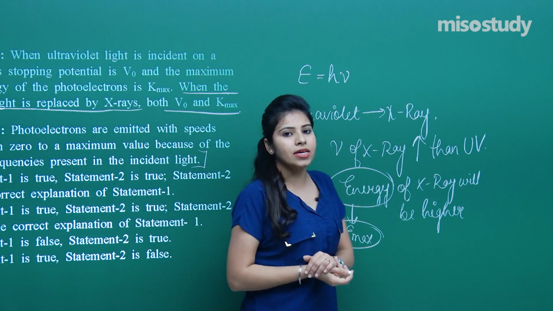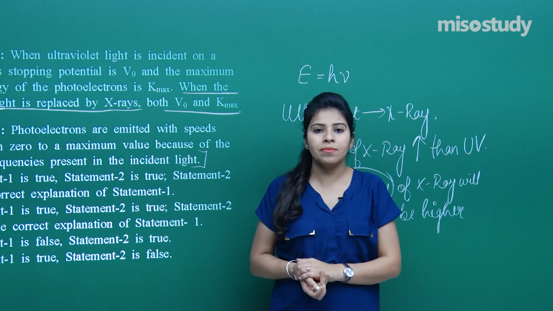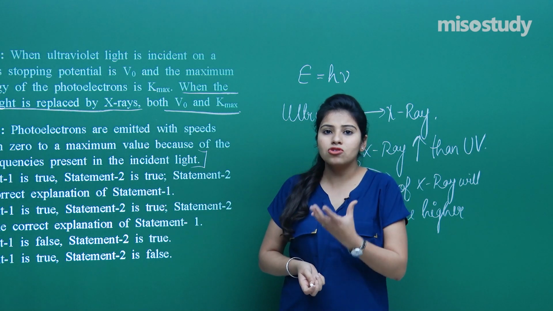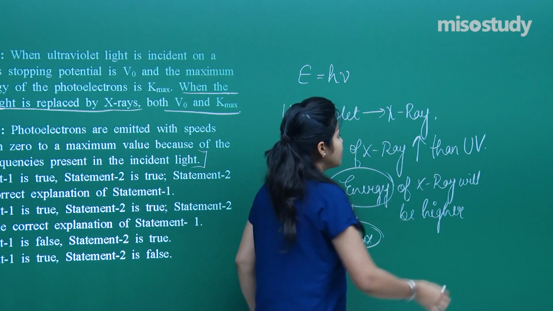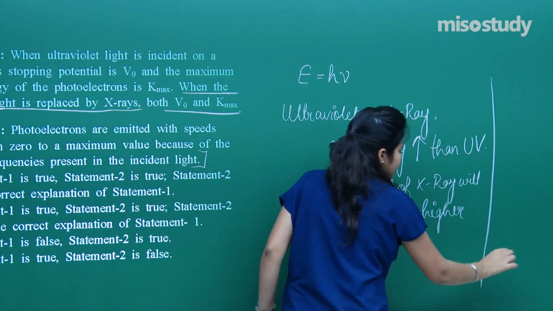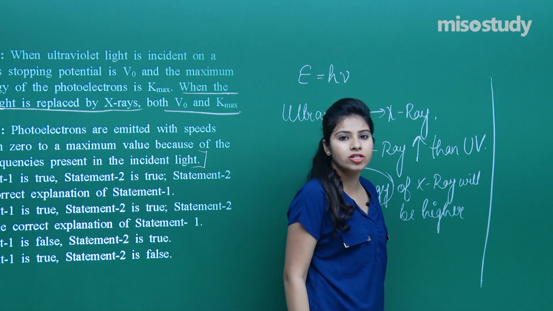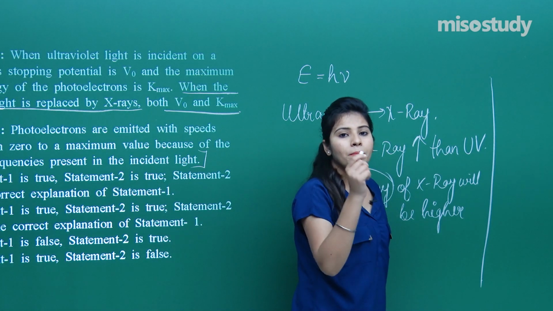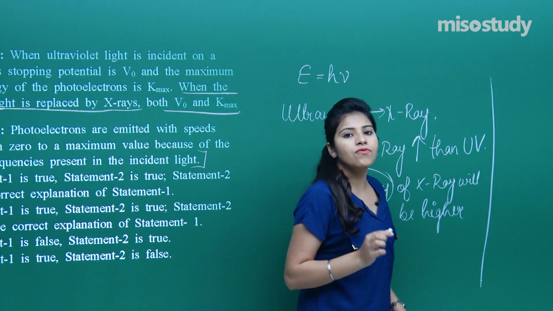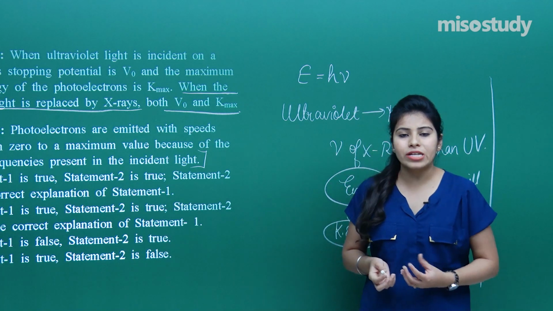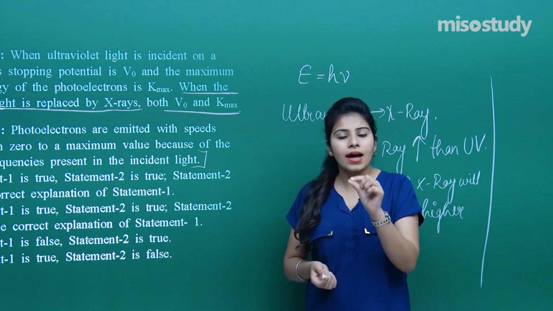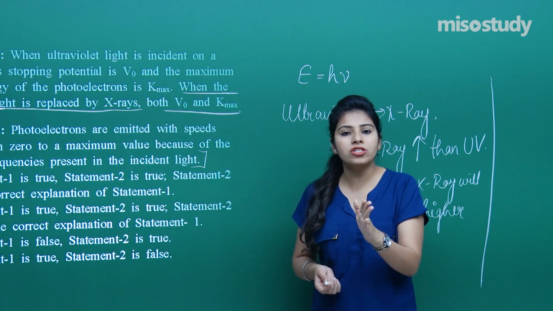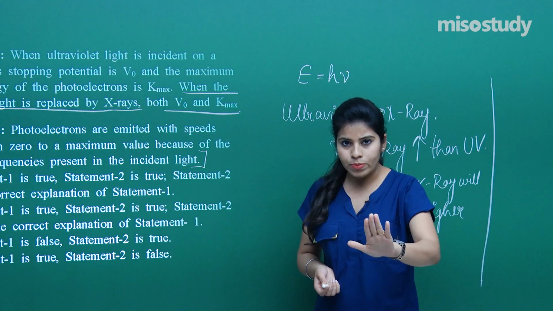Now let us see whether the stopping potential is also affected or not. There is a relation between energy and stopping potential. First of all, what do we mean by stopping potential? It is that negative potential, the minimum potential, at which the photocurrent stops.